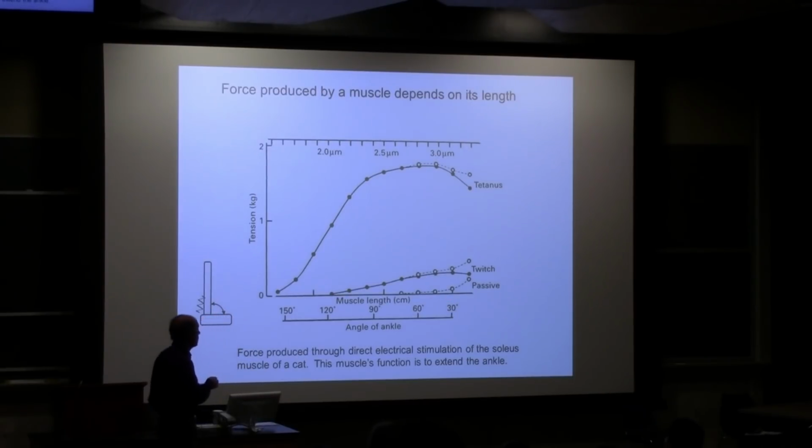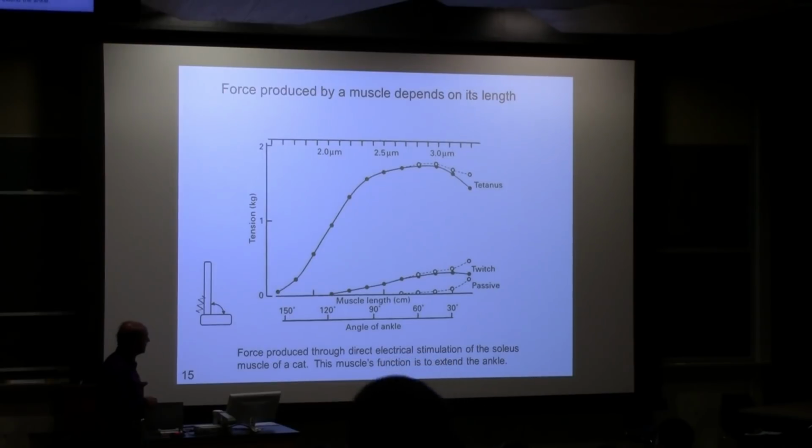So this is the ankle of a cat that's been placed, and measurements are being made from the soleus muscle. Here's the muscle of the soleus. When this contracts, the ankle extends. It pulls down. What you're seeing here is tension on the y-axis.